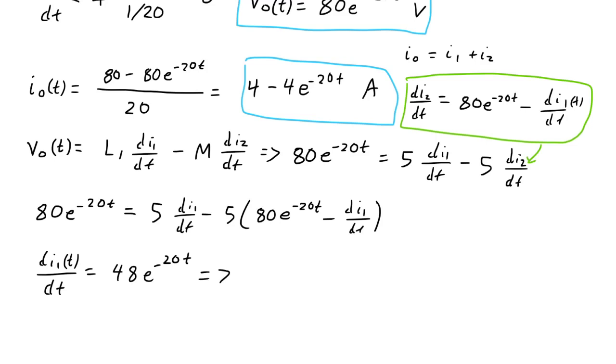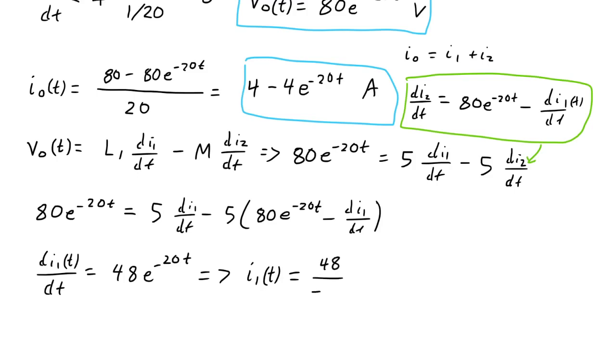And if we integrate from 0 to t, this is just a separable differential equation. We're going to move this dt over there and integrate both sides. So i1(t) is going to equal the integral with respect to time. I don't even have to do that. I'll just do the solution because it's exponential.